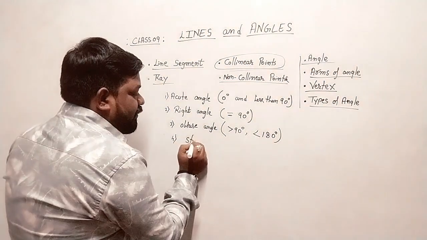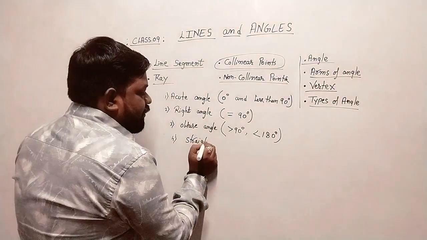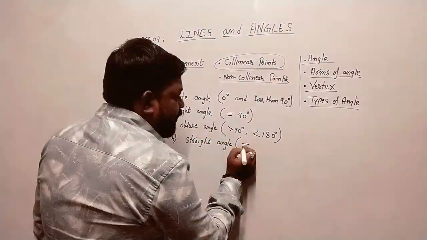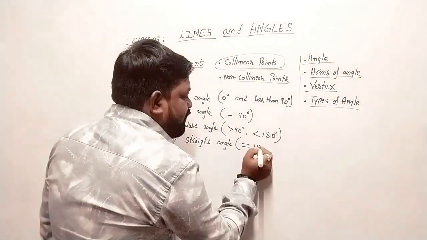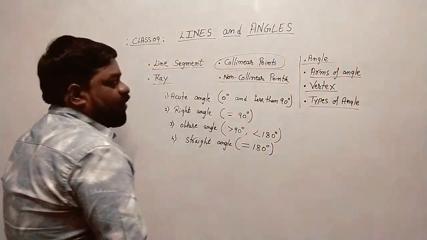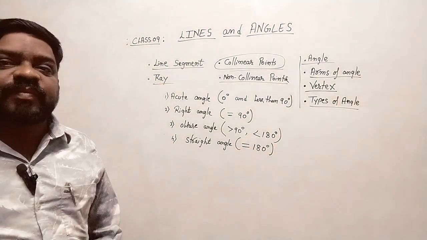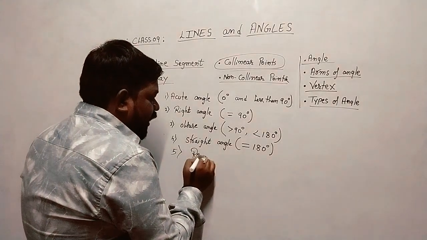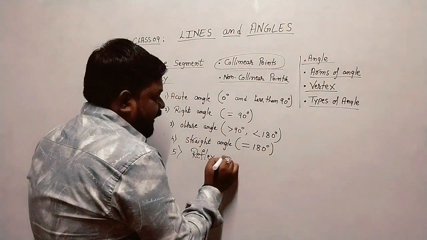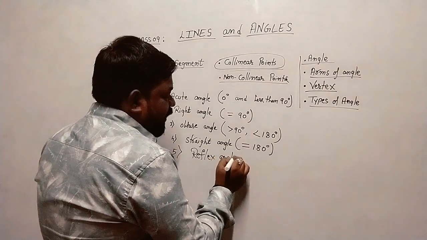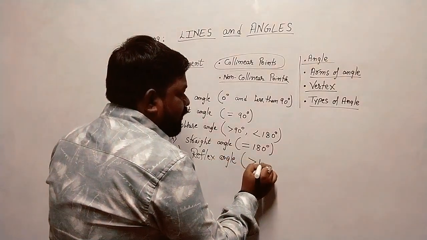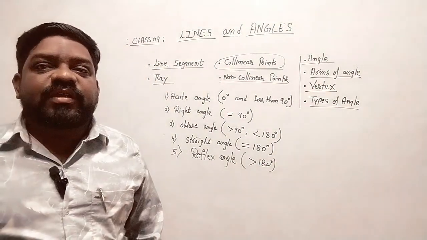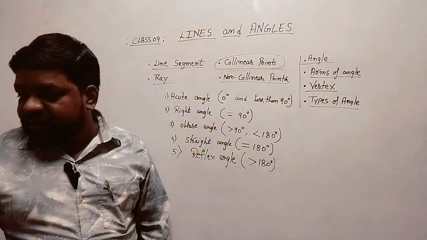Next, straight angle. A straight angle is the angle which is equal to 180 degrees. And we have reflex angle. A reflex angle is the angle that is greater than 180 degrees.